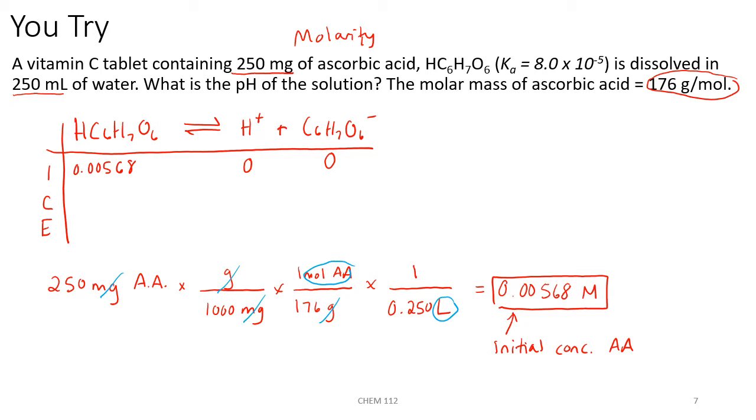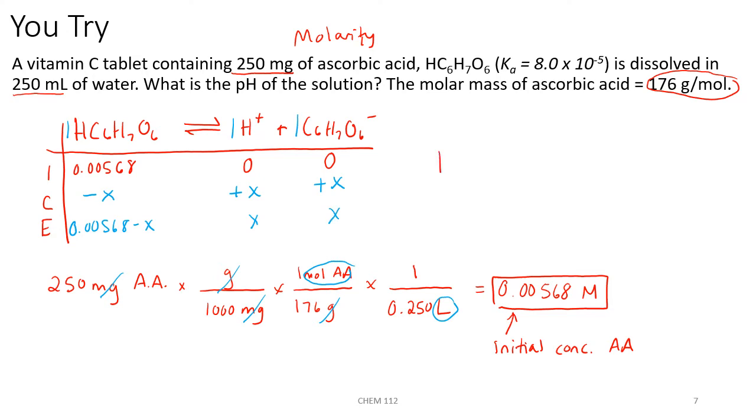The change, we have a 1 to 1 to 1 ratio. So our change, it's going to go down by minus x. Hydrogen ion will form by plus x. The conjugate base will form by plus x. And our equilibrium line then is going to be 0.00568 minus x, and then x and x.